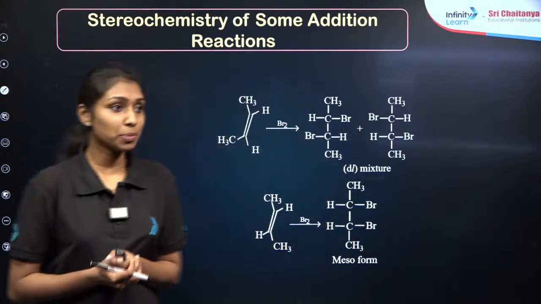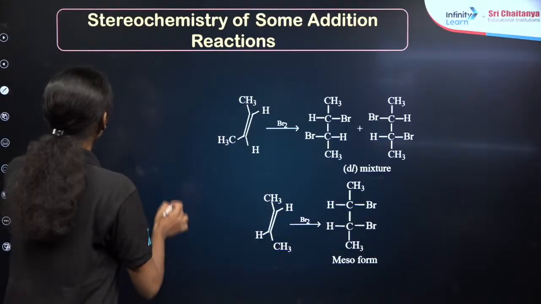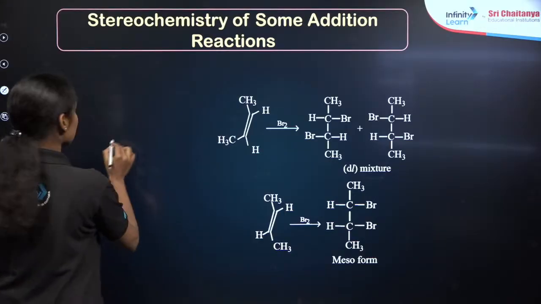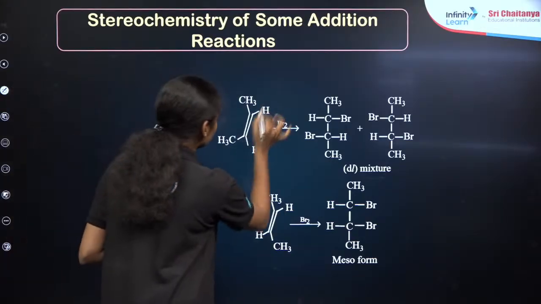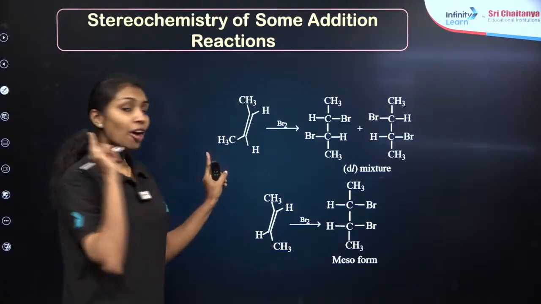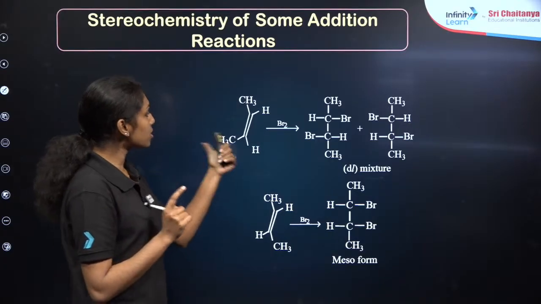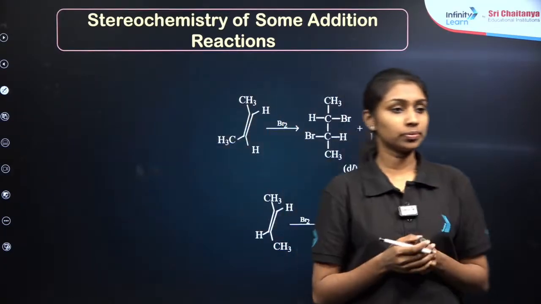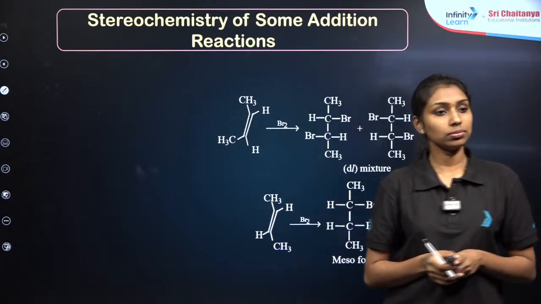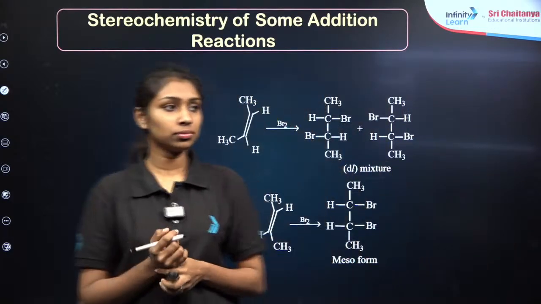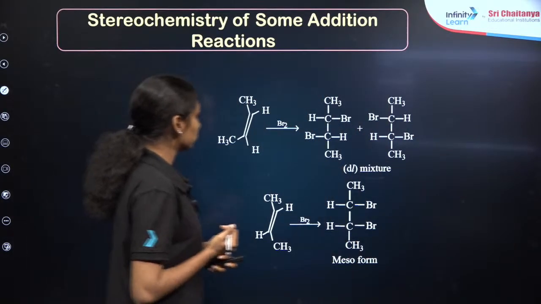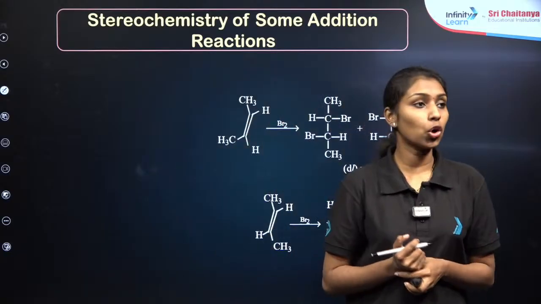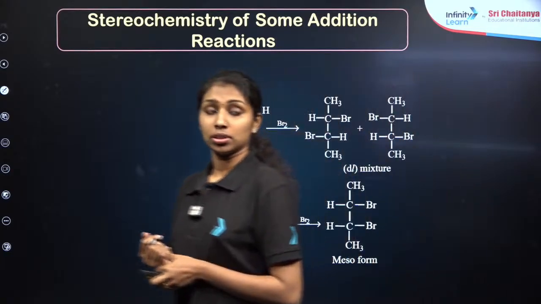Okay, one more thing you have to remember here is the stereochemistry, right? So this is our alkene. You have to mention whether it is a cis alkene or a trans alkene.